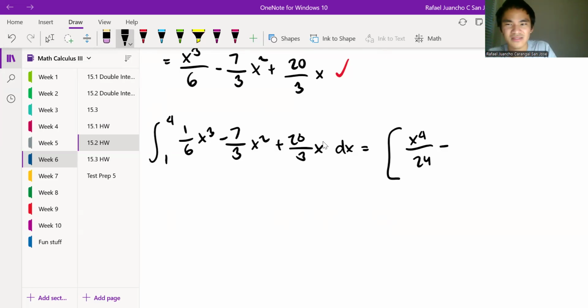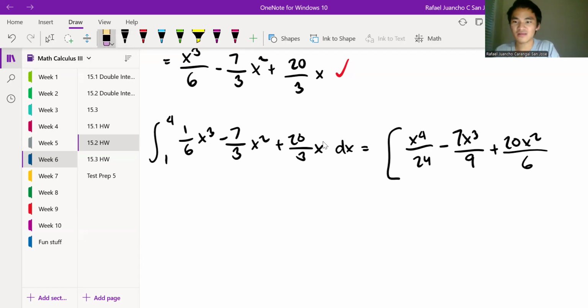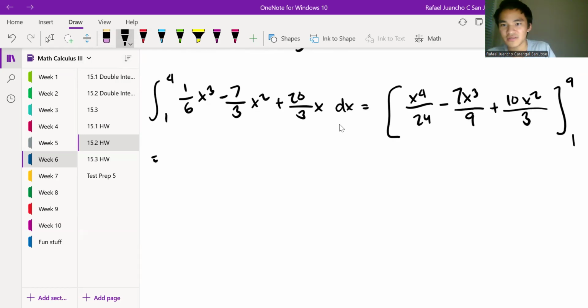Then here, minus 7x cubed. 3 times 3 is 9. And this one is 20x squared over 6. This one I can do something about. So this becomes divided by 2. This becomes 10. And this becomes 3. From 1 to 4. Nice.